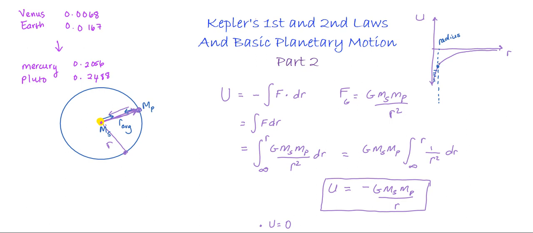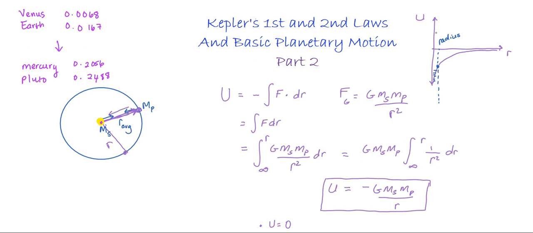And so in order to get enough energy to pull this planet away from whatever it's orbiting, in this case the sun, it would take quite a lot of energy.